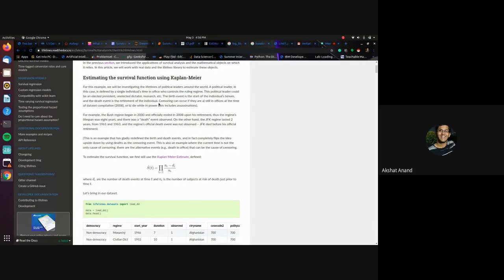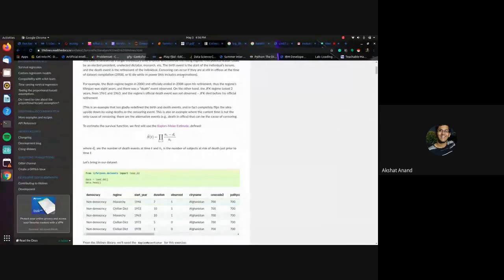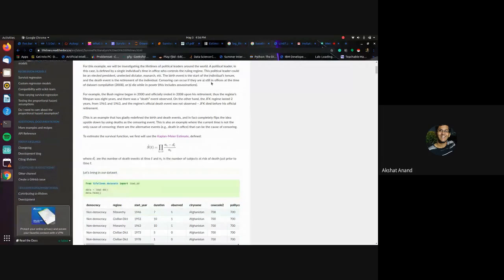So we are calculating how much time they are ruling. Now censoring can occur if they are still in office at the time of dataset compilation.